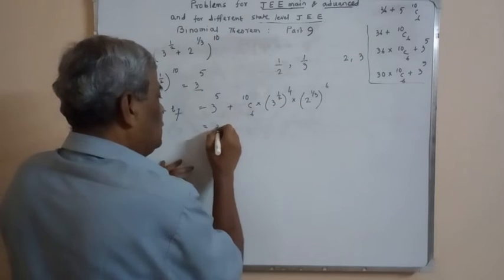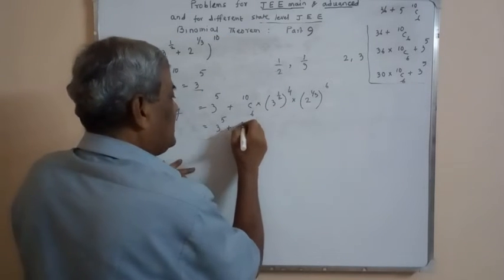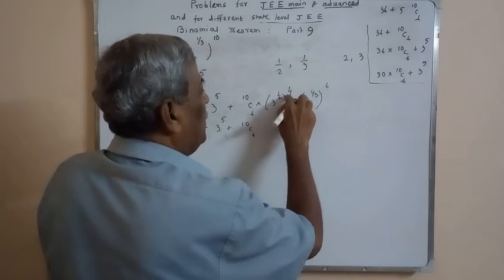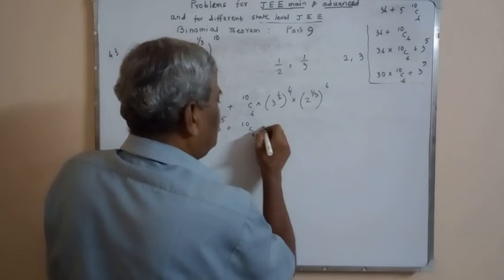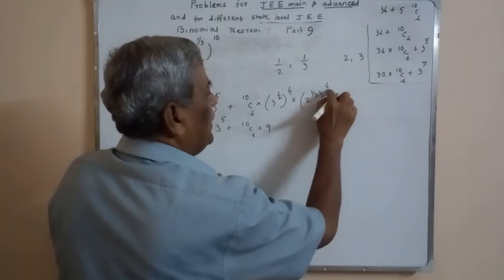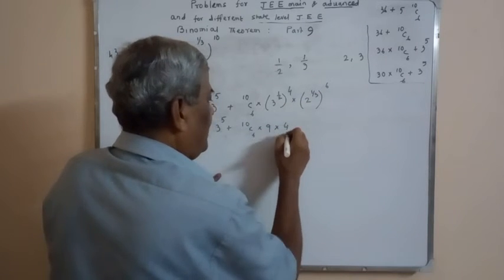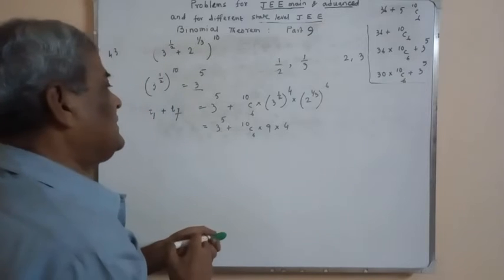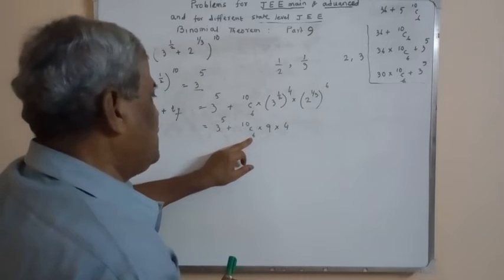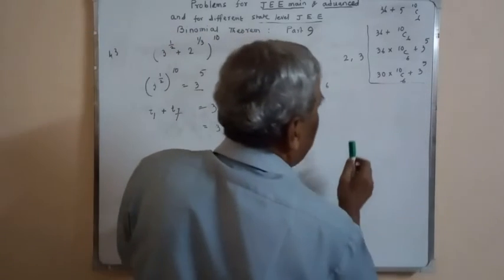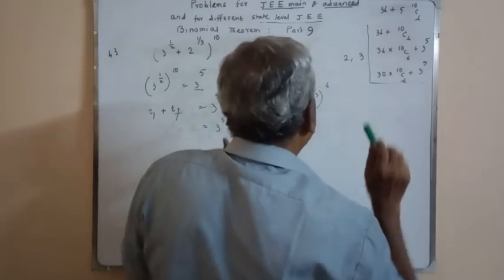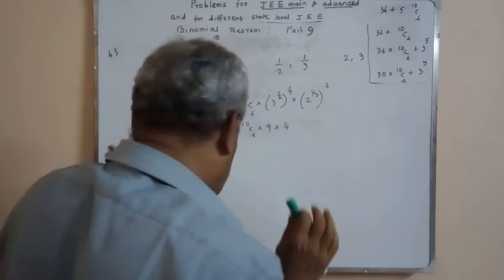So it is equal to 3 to the power 5 plus 10C6 into 3 to the power 2, that is 9, into 2 to the power 2. So this is 36 into 10C6 plus 3 to the power 5. This is our correct option. So option C is correct.